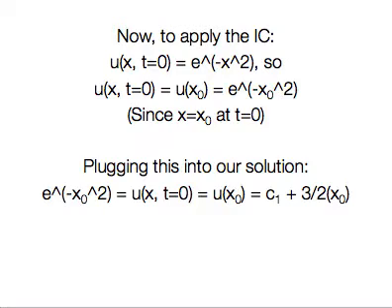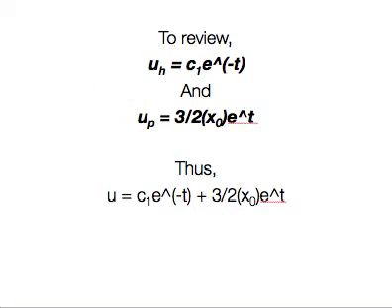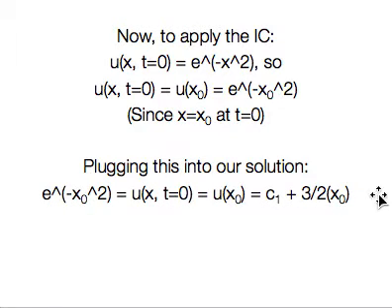So now we're going to plug this into our solution for u. So e to the negative x naught squared is equal to u of x naught, which is equal to c1 plus 3 halves x naught, which we should be able to see from this equation here, because we're plugging in for t equals 0, which yields this right here.